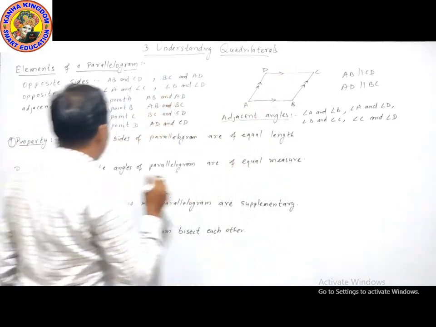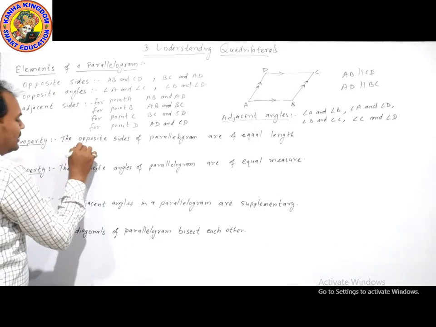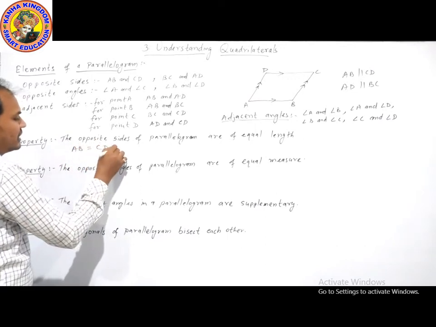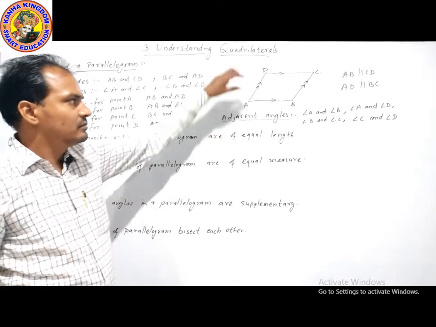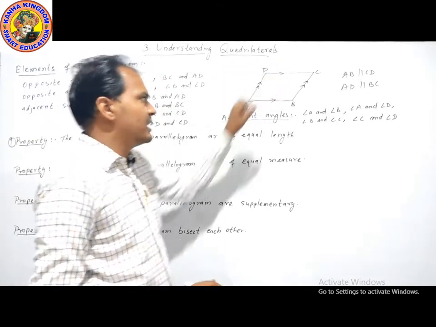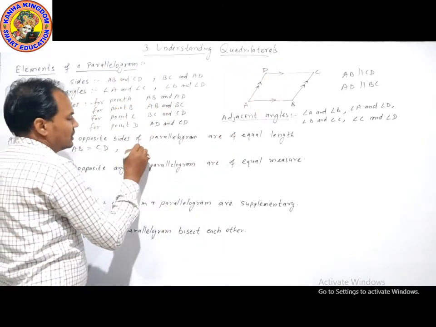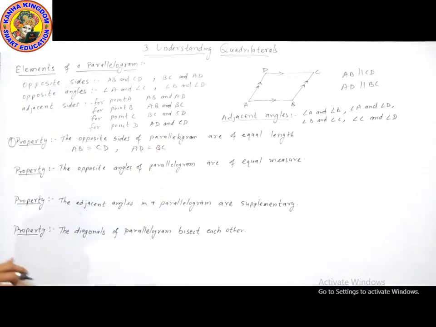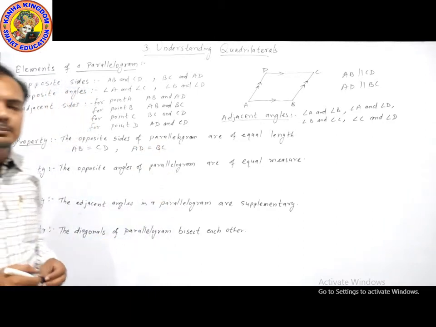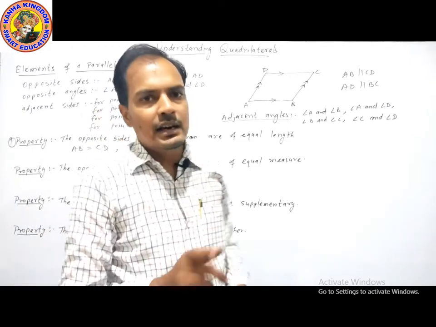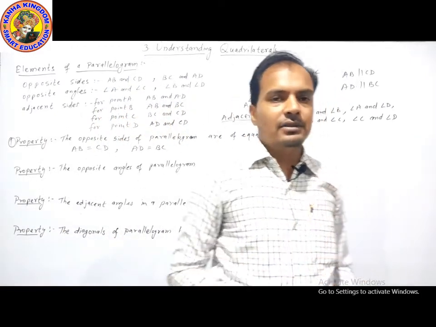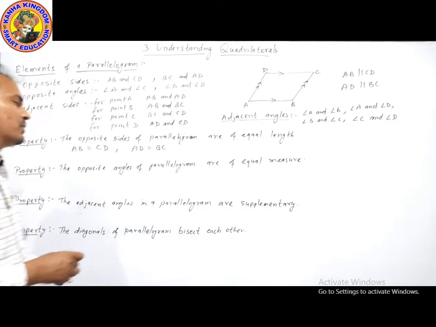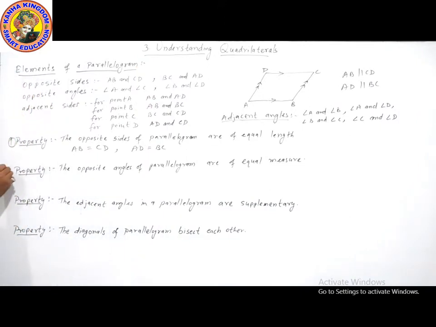AB and CD are equal. AD and BC are equal. So in a parallelogram, opposite sides are parallel, opposite sides are equal. This is the definition of a parallelogram.